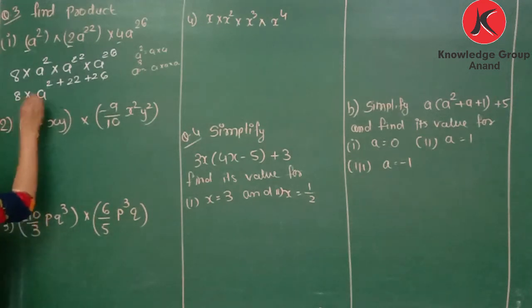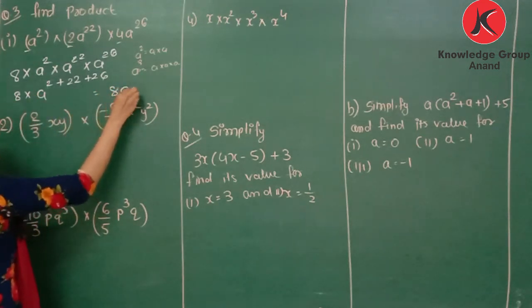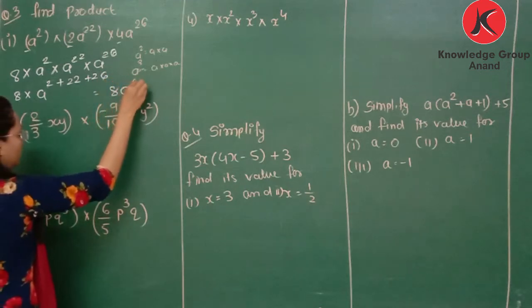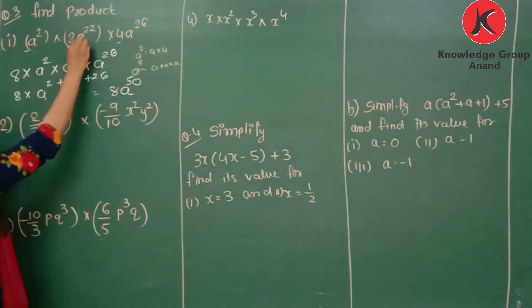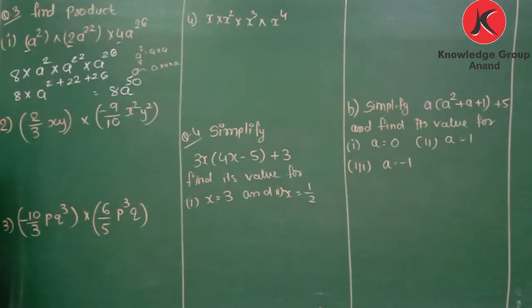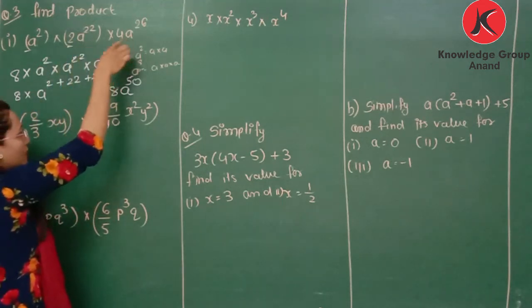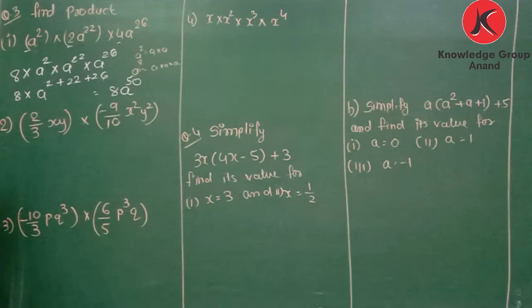So 8a raised to 50. So this is the answer. You can count: 2 times a plus 22 times means it is 24 times, and 24 times and 26 times become 50 times. So a raised to 50.